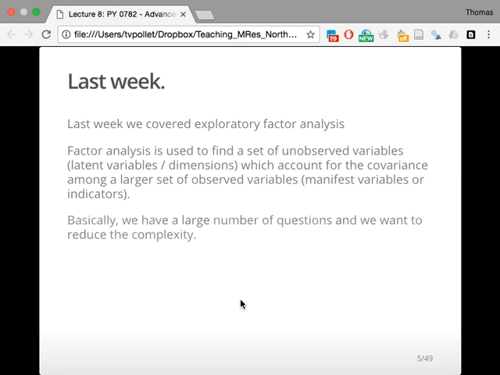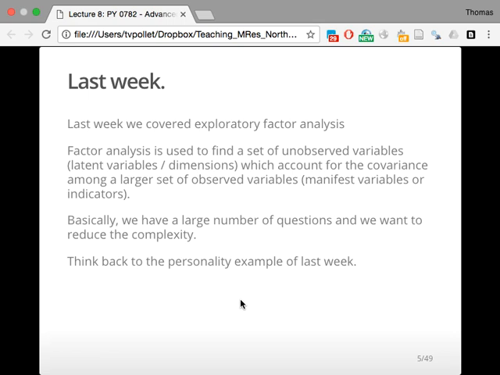So basically, you can also think of it as we have a large number of questions, and we want to reduce some of the complexity. So you might have 40 or 60 or 80 or 100 or 120 personality questions, and you're trying to reduce that to those six or five personality domains, or fewer if you believe there are fewer. And so think back to the personality example of last week, where we did this in class.